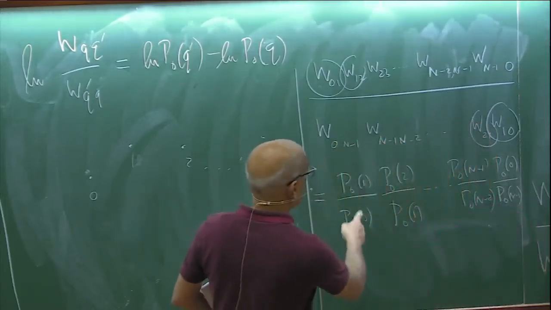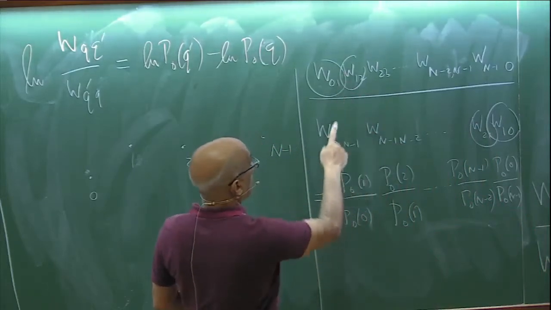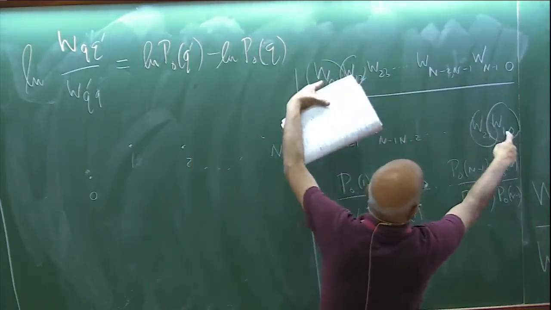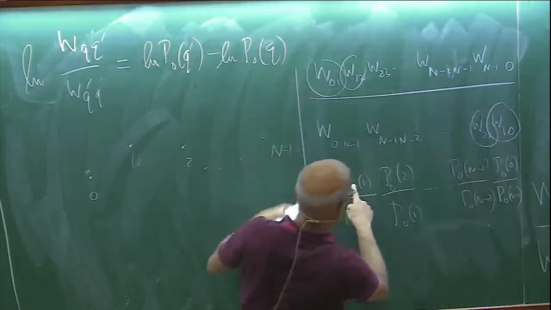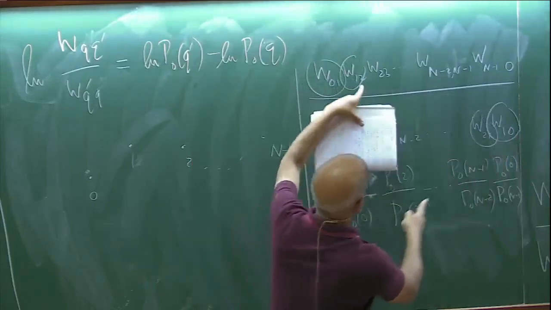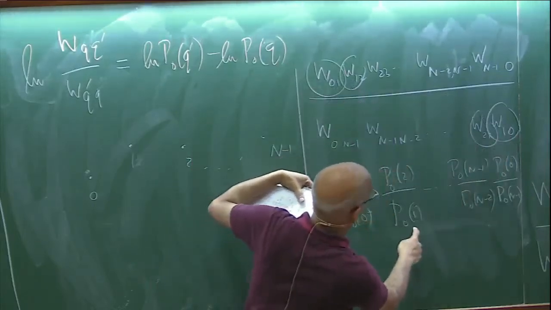So now you can see, I took this, I looked across here and rewrote that ratio as P0 of 1 over P0 of 0, looked across here, rewrote that as 2, 1, etc.